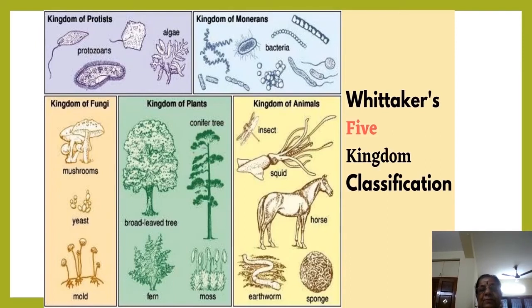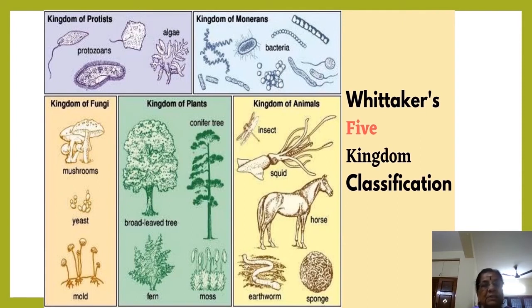These are all different sizes and shapes of bacteria. Are you clear? And this is kingdom Protista, where we have protozoans: amoeba, euglena and paramecium.